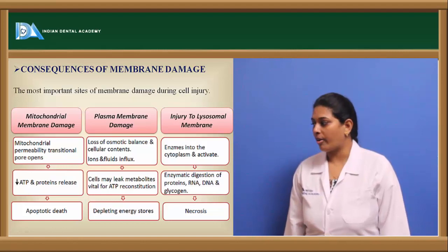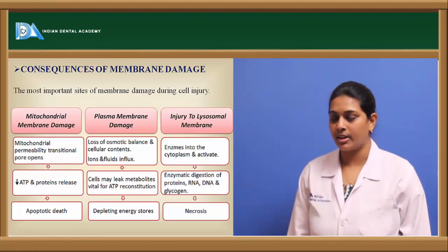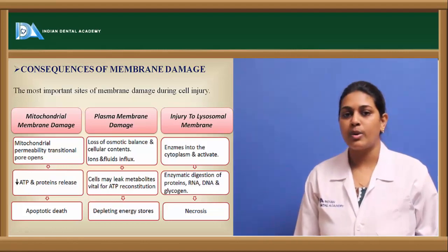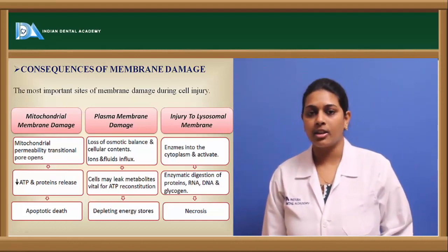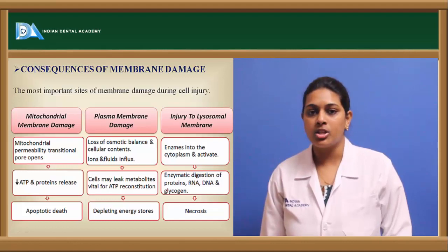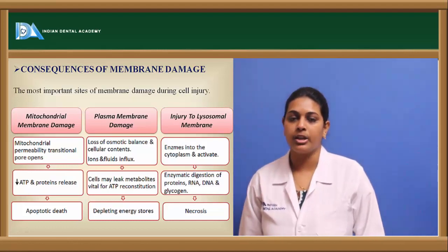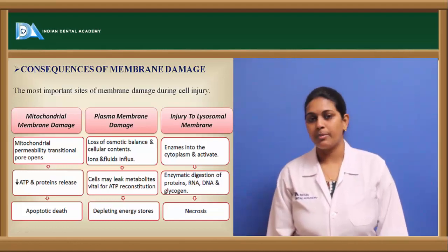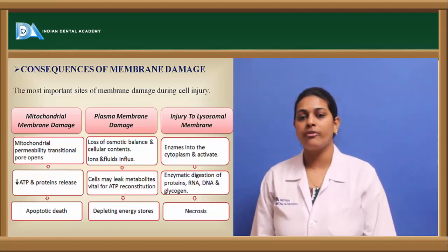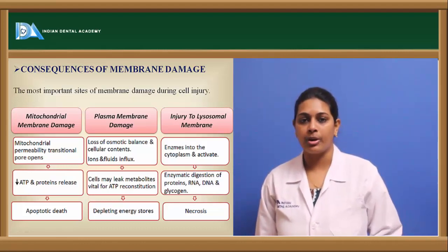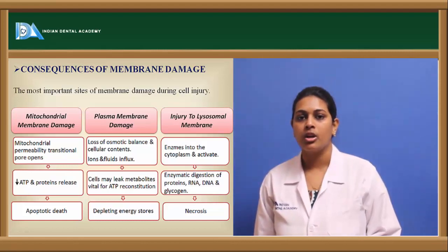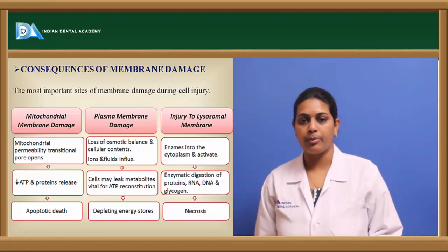Then the other form of membrane damage is the plasma membrane damage, where the plasma membrane, which is a bilayered lipid membrane, serves in maintaining the osmotic balance. Because of the compromised membrane permeability in this plasma membrane, there will be loss of the osmotic balance, that is the movement of molecules from a lower concentration to a higher solute through this semi-permeable membrane.